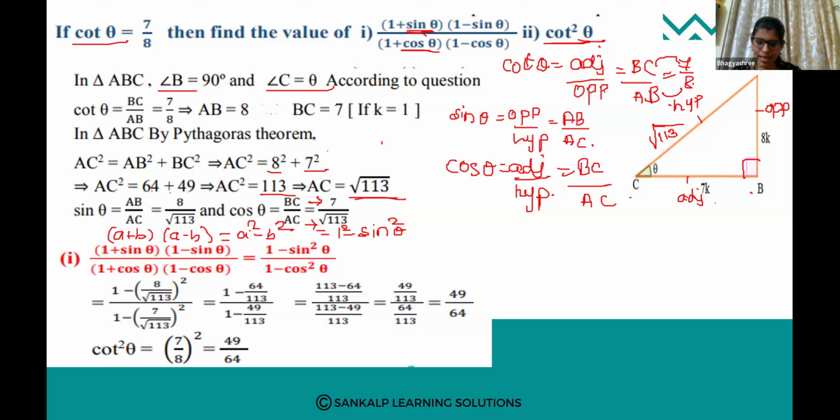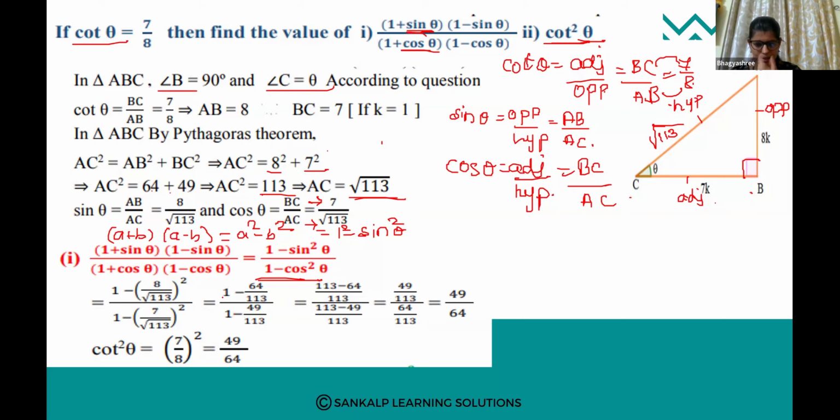1 minus sin theta value is 8 divided by root 113 whole square, divided by 1 minus cos square theta. Here let us substitute. 1 minus 7 divided by root 113 whole square is equal to 1 minus 8 square is 64 divided by root 113 square is 113, divided by 1 minus 7 square is 49 divided by 113.